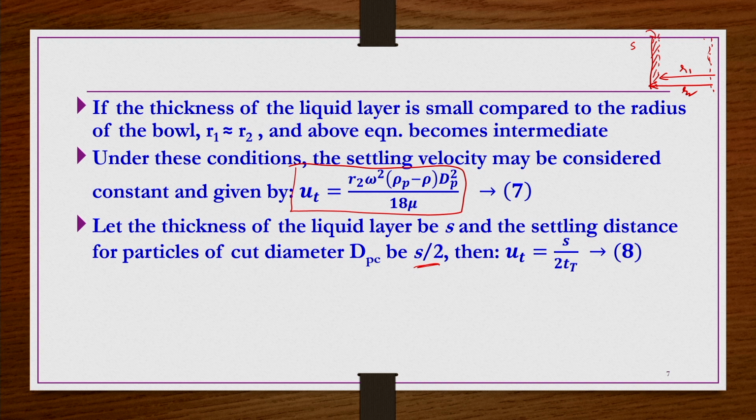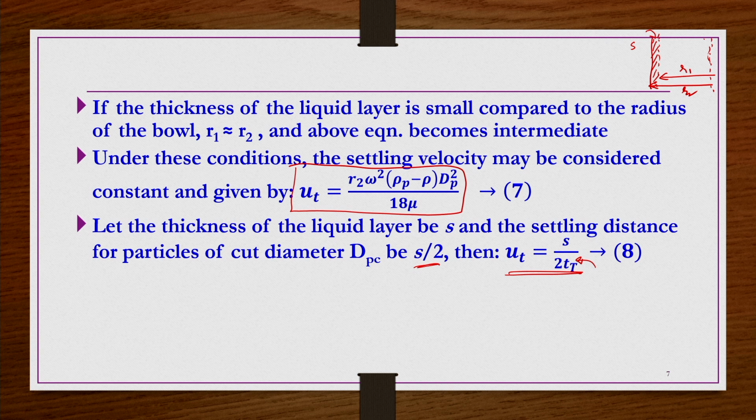Now R2 and R1 are close to each other, so that thin layer of liquid we call S. Then the settling velocity we can rewrite as that distance S by 2 divided by the residence time of the liquid, that is ut equals S by 2 Tt. Tt is the residence time of the liquid within the centrifugal bowl.